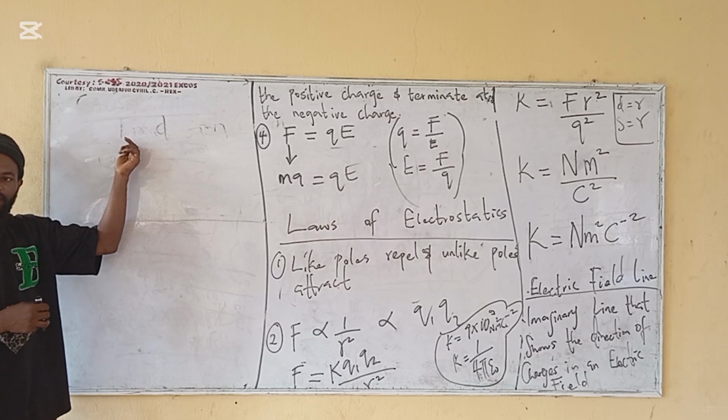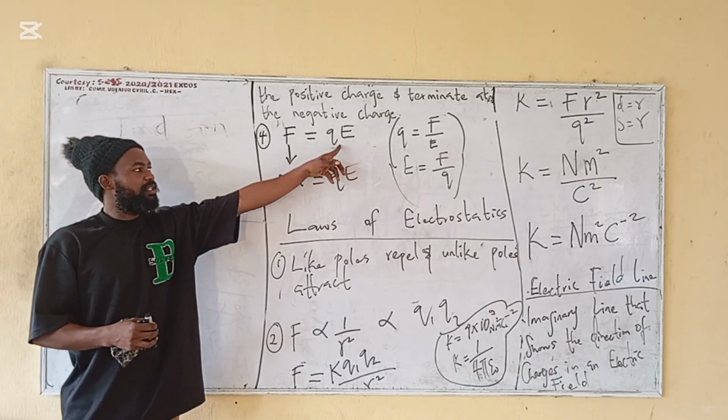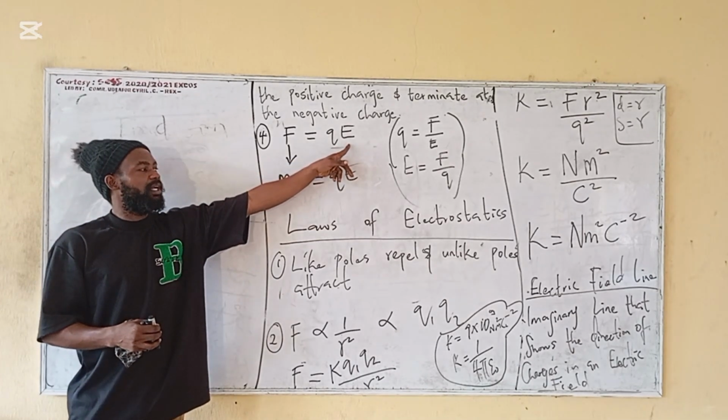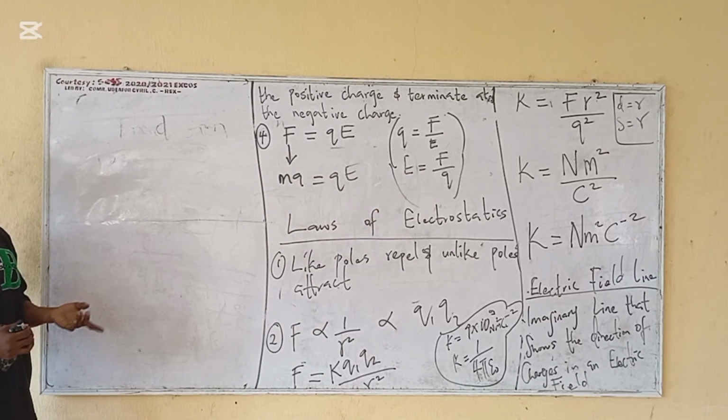That's electric field intensity, or we call it electric field strength. So it's important to note it. And when you want to get the formula of electric field intensity, it is simply from this that you get it. You make this the subject of the formula, so you see that it will now give you force per unit charge. That's why sometimes we just define it as force per unit charge.